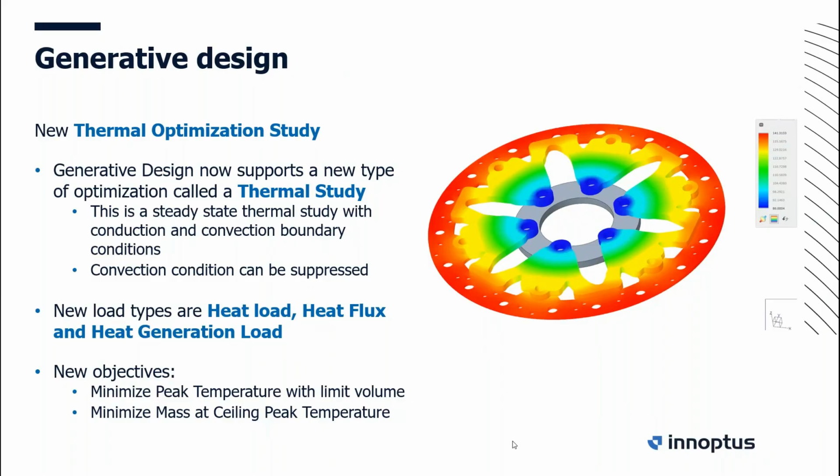So it's the inverse. Now they added in generative design also thermal optimization, which is also interesting. This is a brake disc where you see the heat going into my center part, how fast that is, and how much material I need there to do that. So very cool as well.